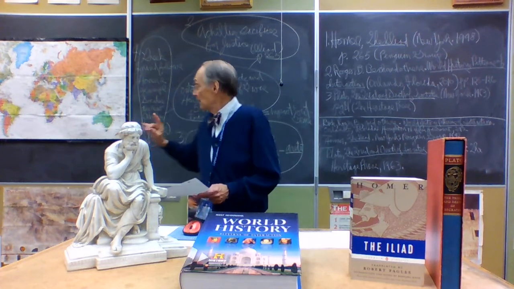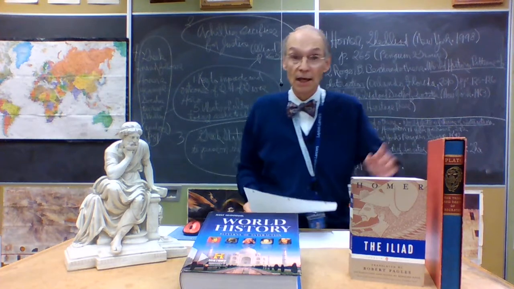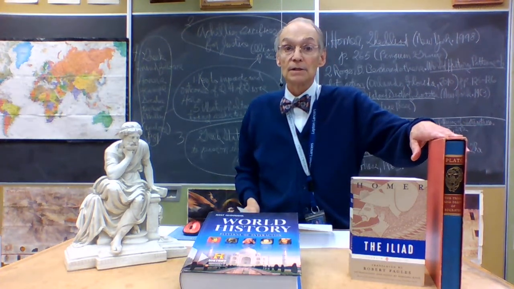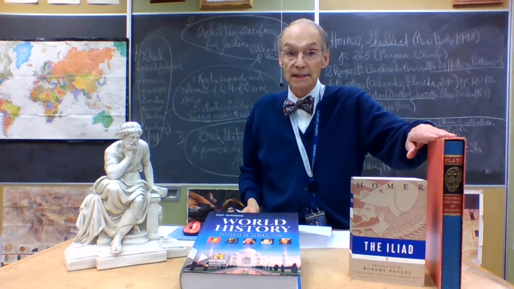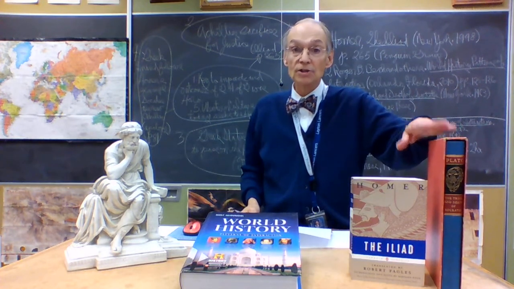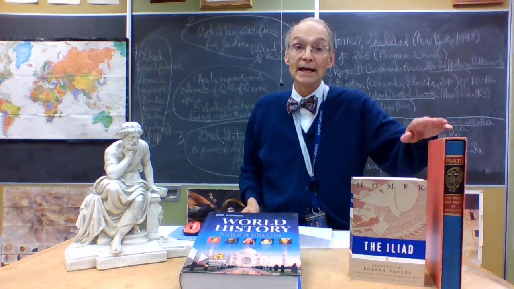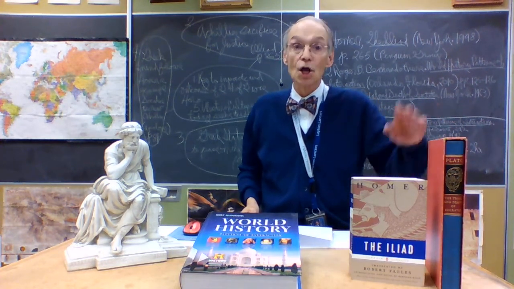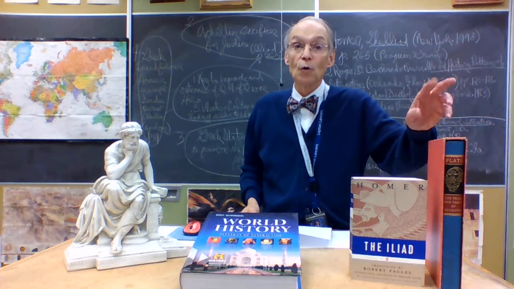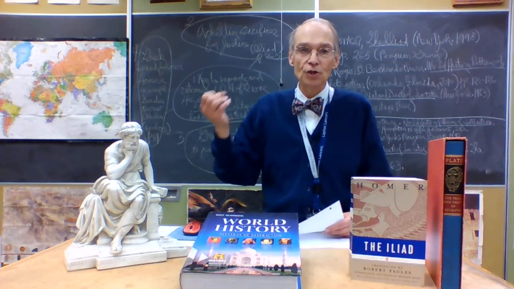And on page 81 of the Apology, which is one of the dialogues in this book, The Trial and Death of Socrates, Socrates explains how he idolizes and looks up to Achilles, who was fighting for justice, just like he was fighting for truth.